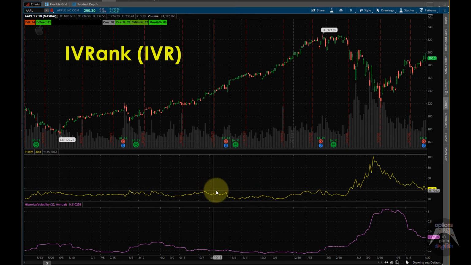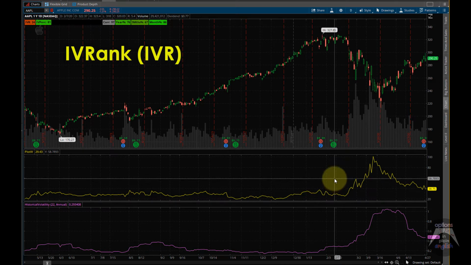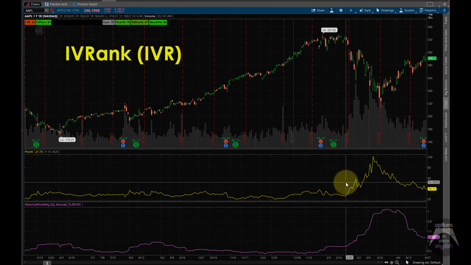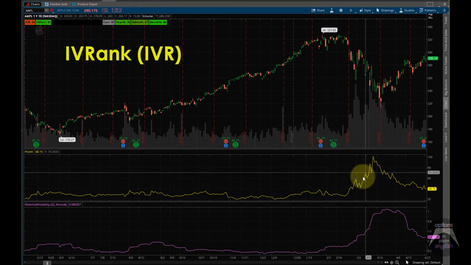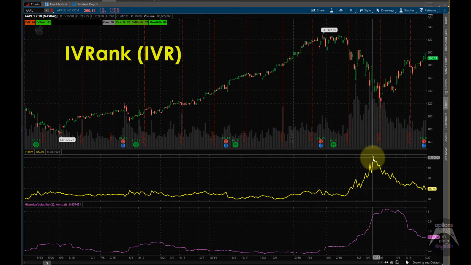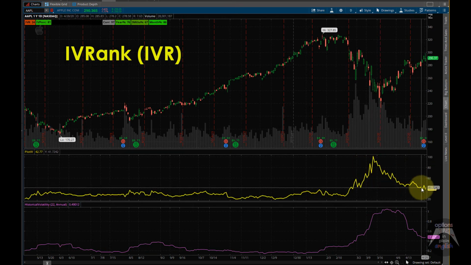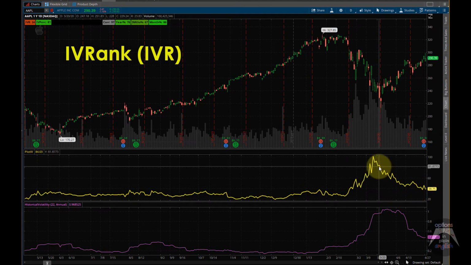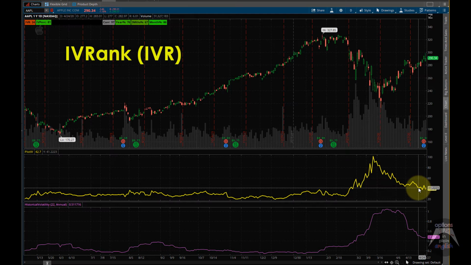Now, there is one significant drawback to this relative value, the IVR. This flaw is that if there's a single spike, so for example here, there is this little period where there was a lot of volatility, it's going to be very hard for the implied volatility to get back to this level, and all of them are going to be relatively undervalued.